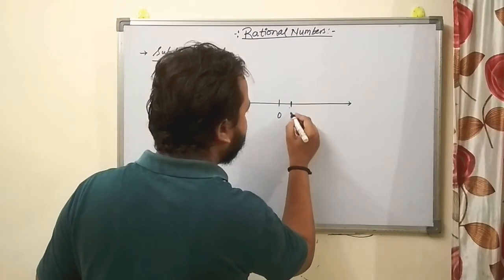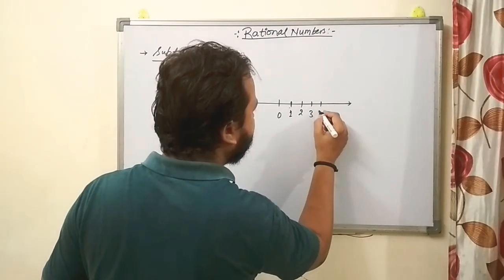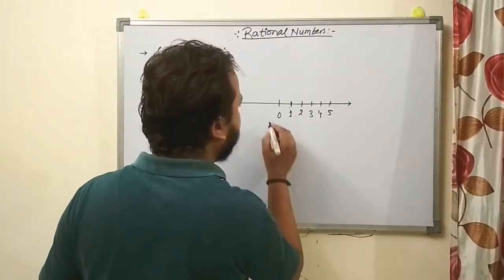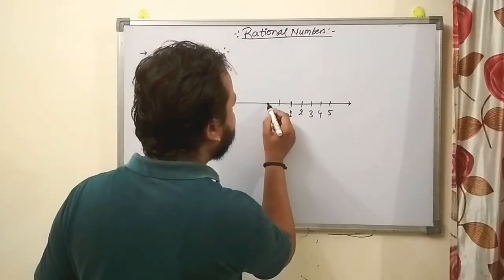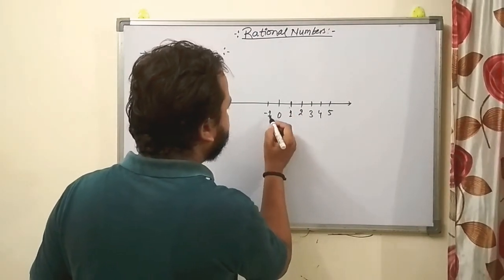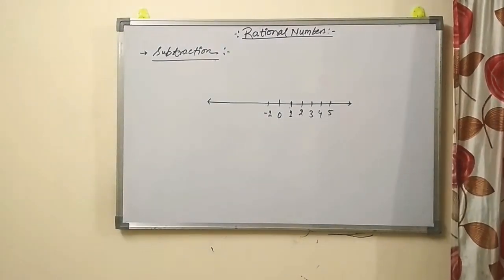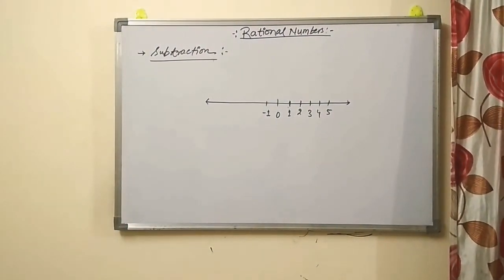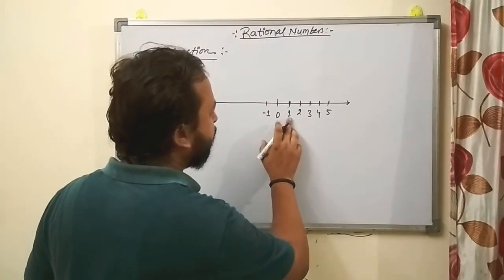Here this is 1, 2, 3, 4, 5, right? So here, what is the opposite of 1?